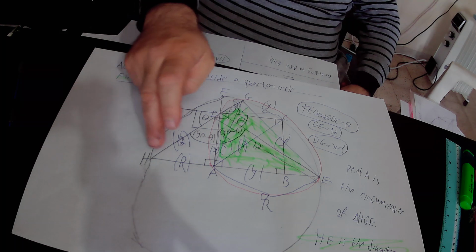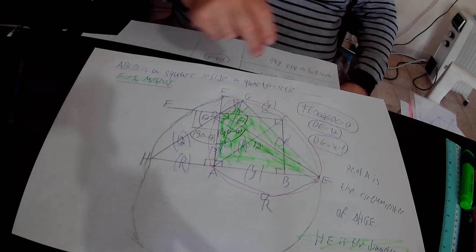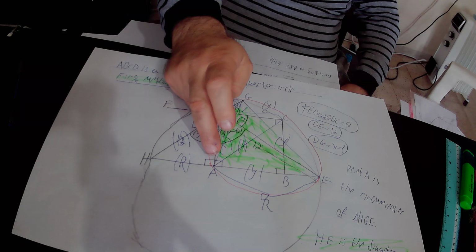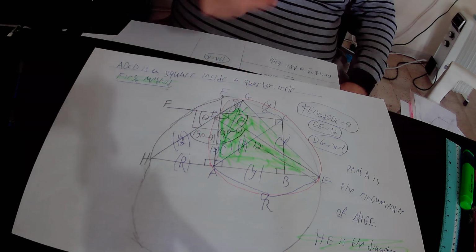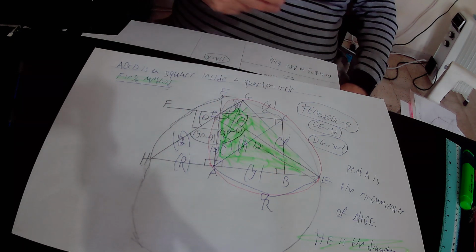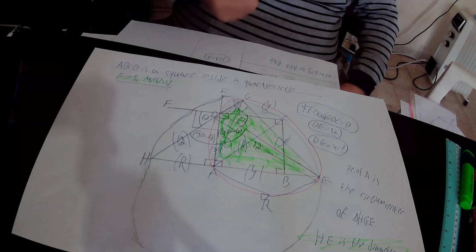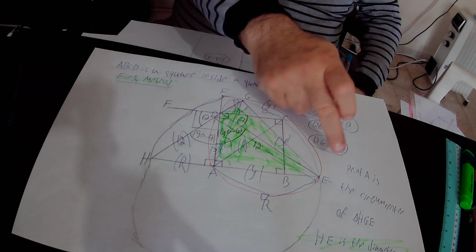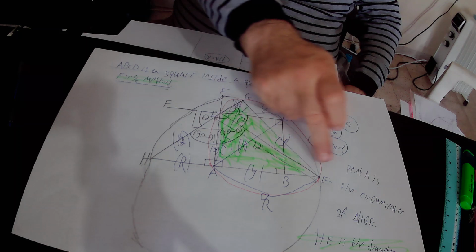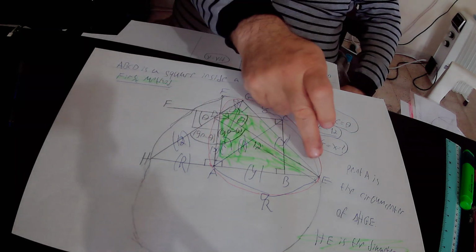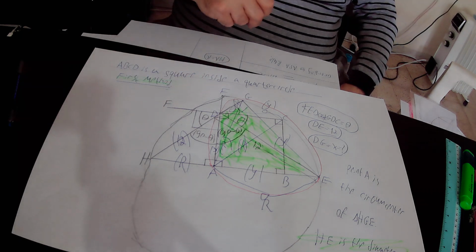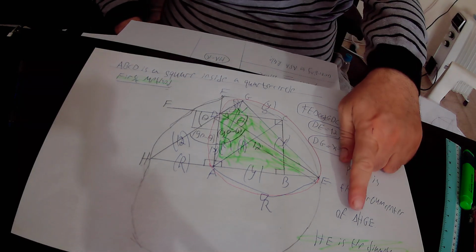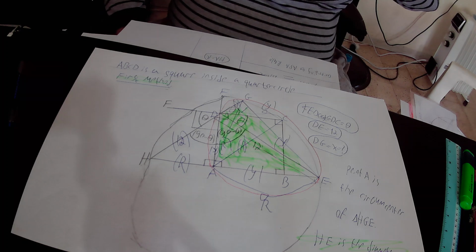So we have here chord HAE, but chord HAE passes through point A, that is the center of this circle, and we know that any chord that passes through the center of the circle must be the diameter of the circle. Therefore, HA is the diameter of the circle. If HA is the diameter of the circle, HE is also, of course, the diameter of the circle. In conclusion, you can say that HE is the diameter of the circle.